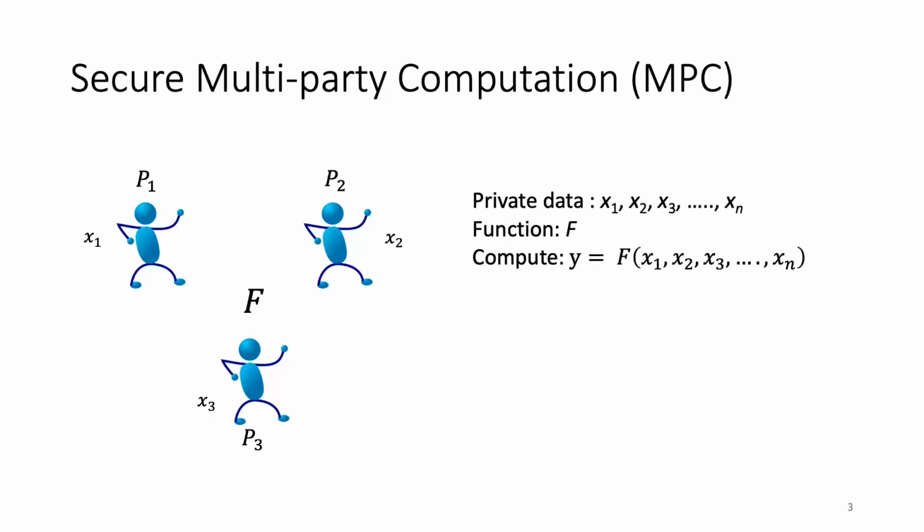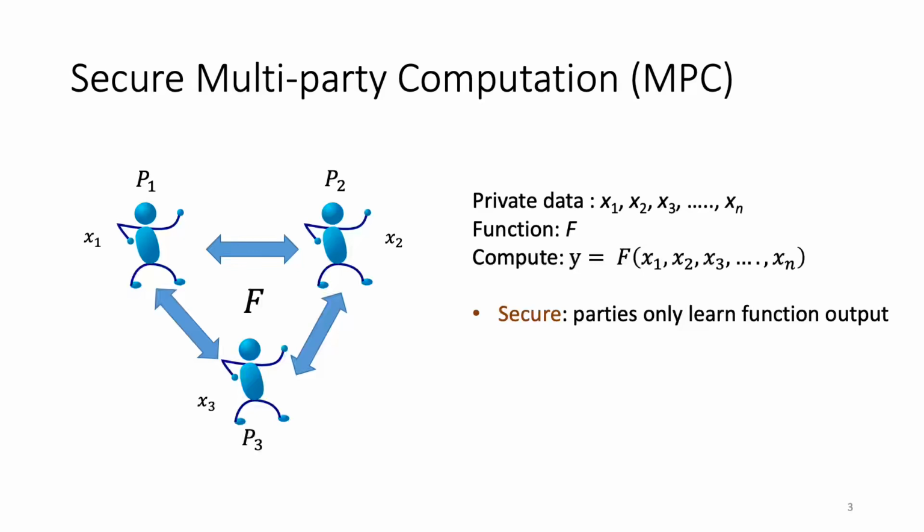With the help of MPC, the parties can run an interactive protocol amongst themselves at the end of which they learn the function output and nothing more about the other party's data. The theory of MPC had been developed way back in the 1980s with protocols like Yao's Garbled Circuits and GMW, but it is only recently that some of these protocols have become efficient enough that they can be used in practice.